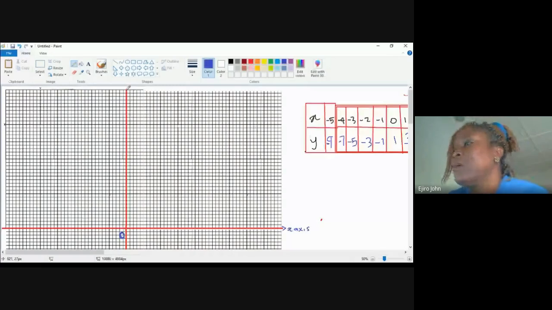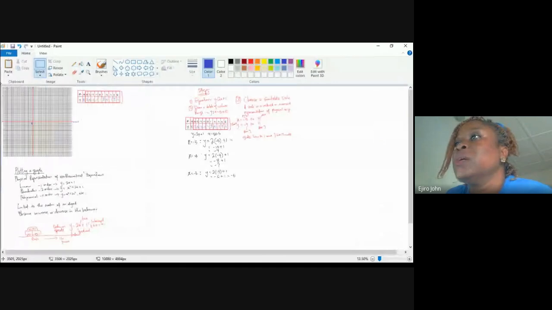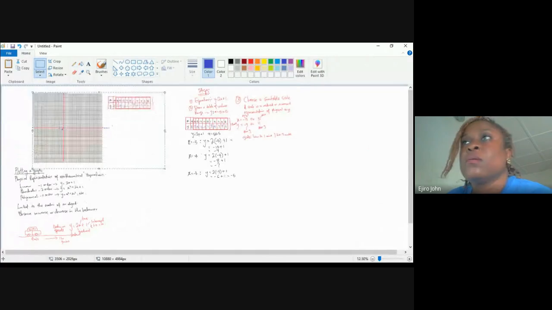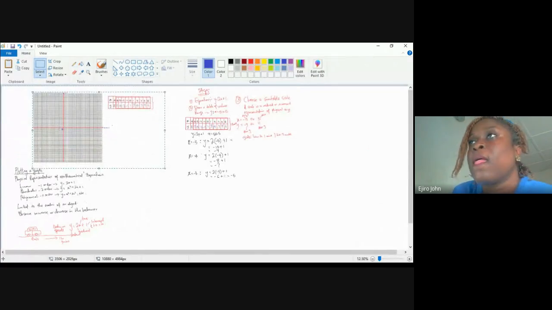So what I'm going to do, I will shift this graph out a bit, so that we can see everything. Okay, good.